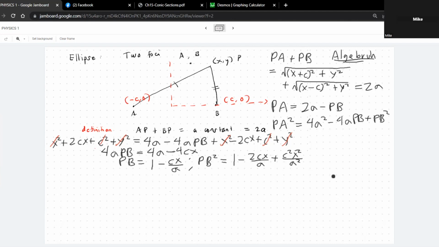Okay, ngayon ano yung PB squared naman? Okay. So, ngayon, iwan natin yung 1 on one side and then let's transfer everything involving x to the right-hand side. So, 1 equals, let's see kung ano.